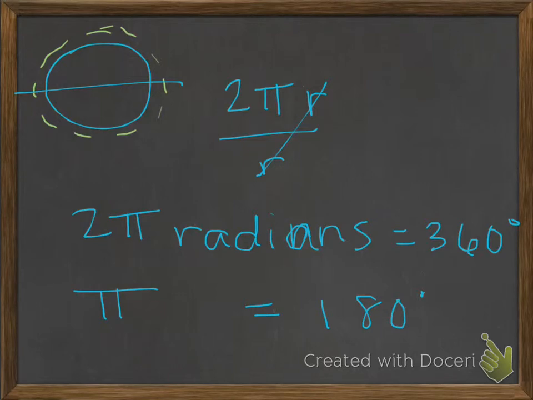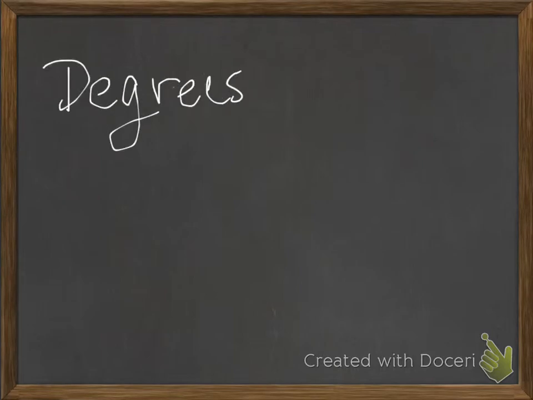So now I'm going to give you the actual conversion to go back and forth between the two. If you are in degrees, so let's say we start in degrees, and the goal is to change degrees into radians, I multiply by pi over 180 degrees.